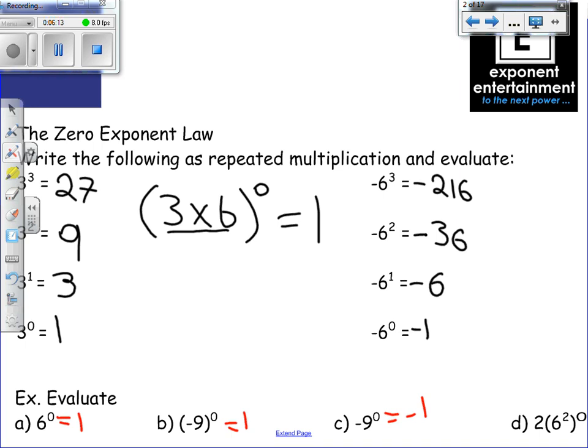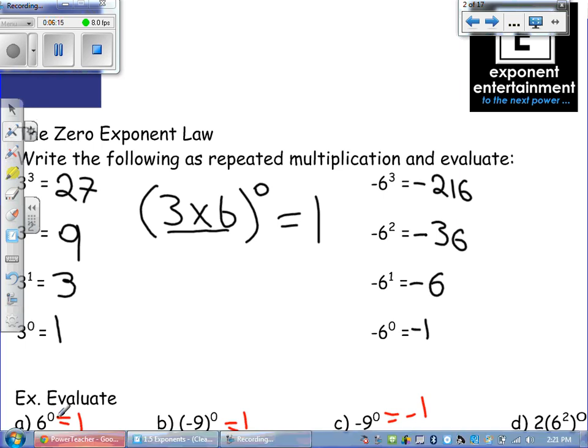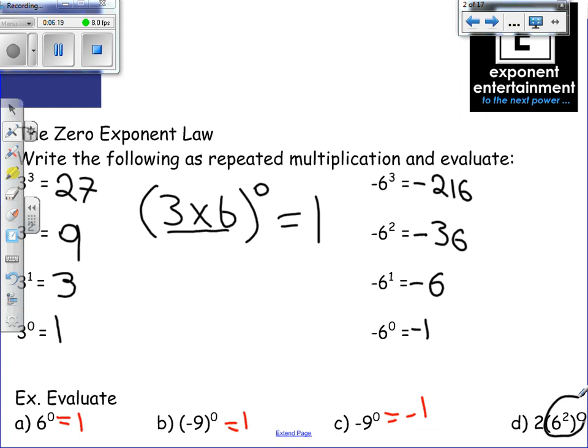Look at this last one. That entire power is equal to 1, but then you have to multiply it by the coefficient. The coefficient doesn't change to 1. It's separate. So this you would evaluate like this. 2 to the power of negative 6 squared, 0.